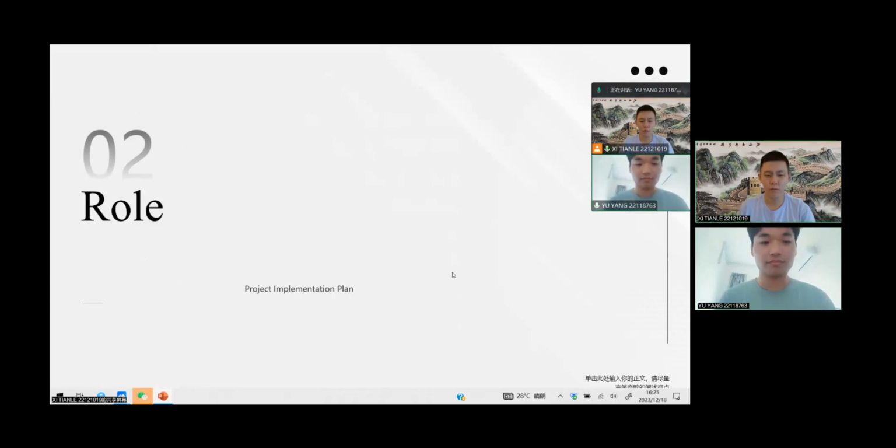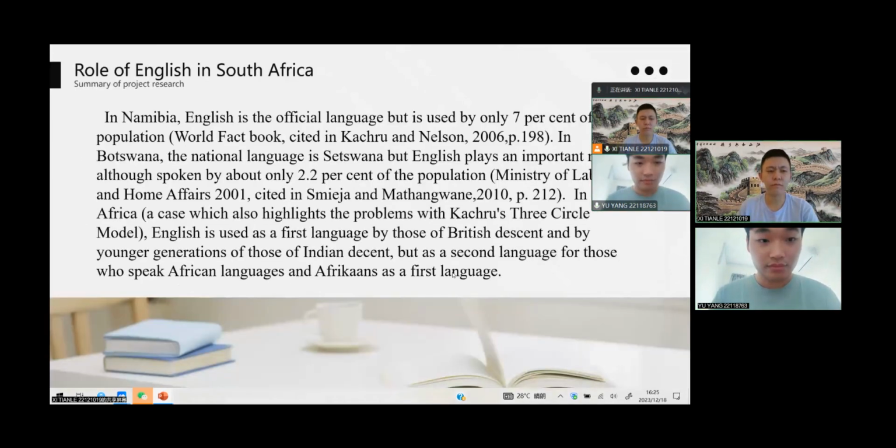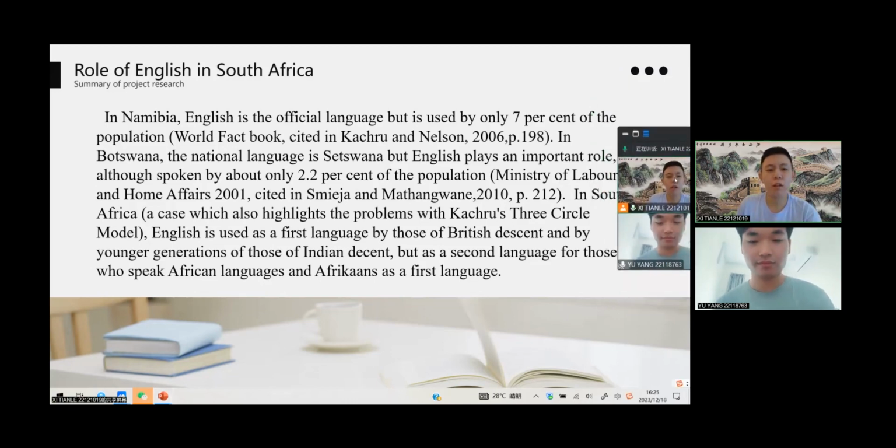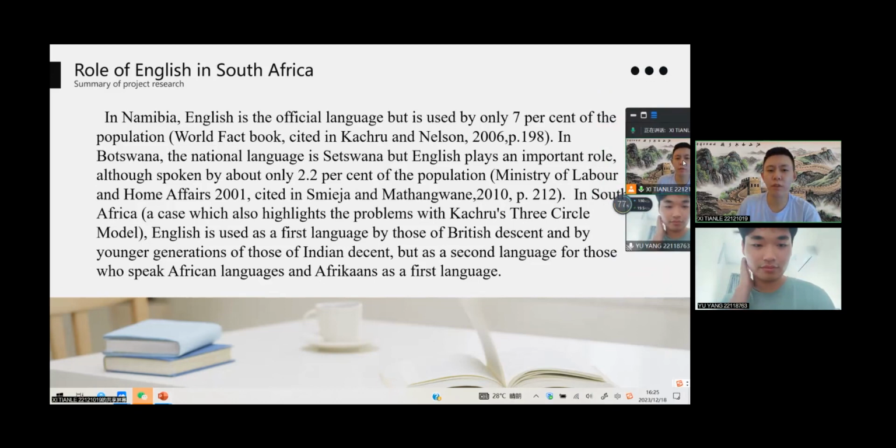And the role of English in Southern Africa. In Namibia, English is the official language, but is used by only 7% of the population. World Factbook, cited in Kachru and Nelson. In Botswana, the national language is Setswana, but English plays an important role, although spoken by only about 2.2% of the population.